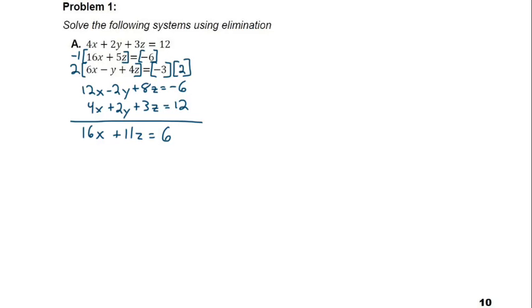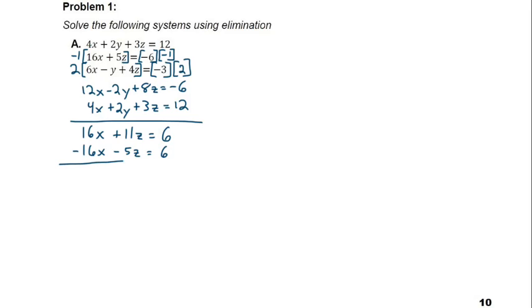Negative 1 doesn't change any of the numbers, however the negative changes the sign. So negative 1 times 16 is negative 16. Negative 1 times 5 is negative 5, so it's negative 5z. I forgot my little x right there. And negative 1 times negative 6 is positive 6.